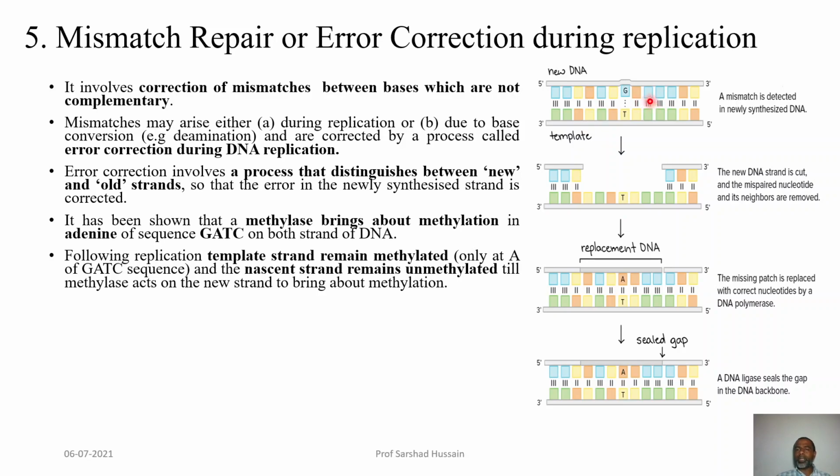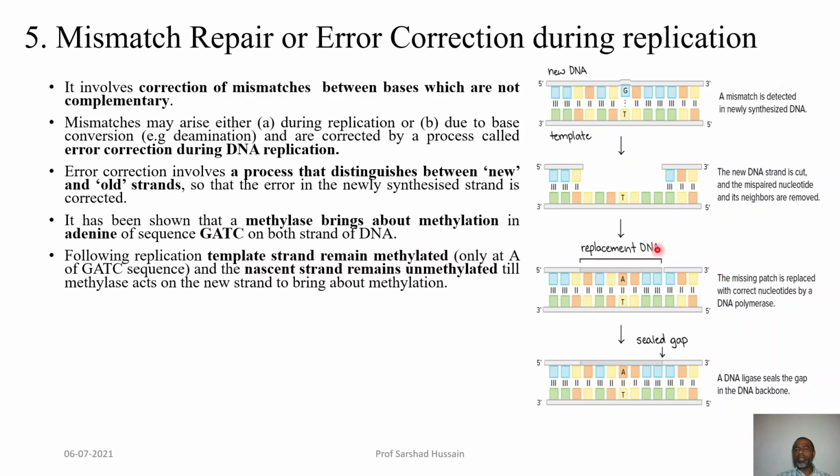In order to recognize the new strand, the enzyme recognizes the old strand by the methylation of the adenine at the GATC, and recognizes the new strand by the absence of methylation on the adenine at the GATC sequence.